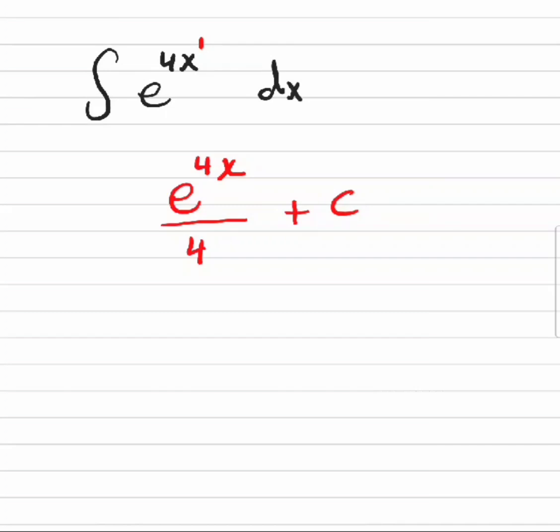If it's like x squared on top or x cubed or something else, it won't work. It only works if the exponent is a linear function. So if you want to find the antiderivative of e to the 5x, it's simply going to be e to the 5x divided by 5.